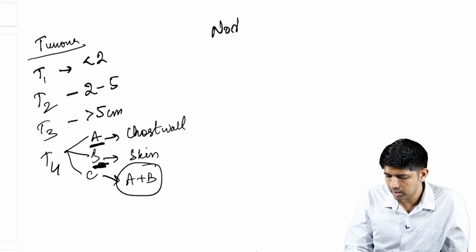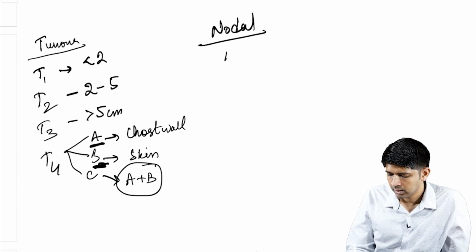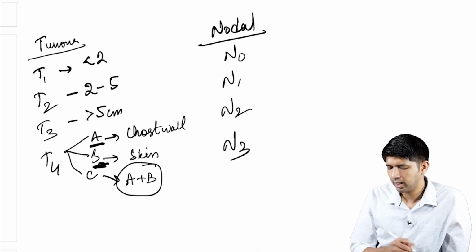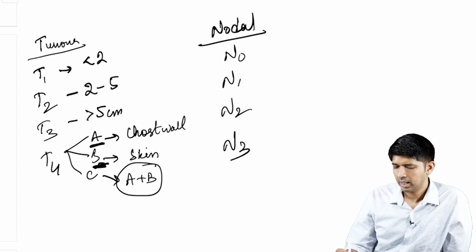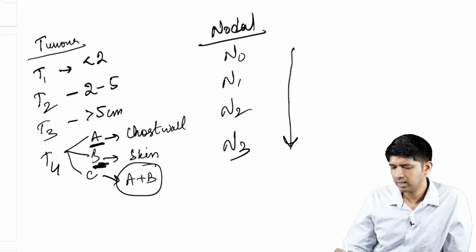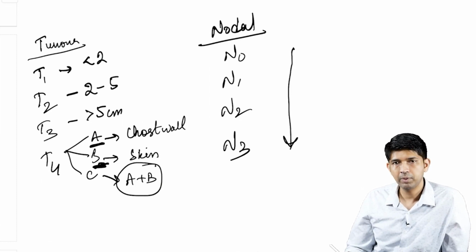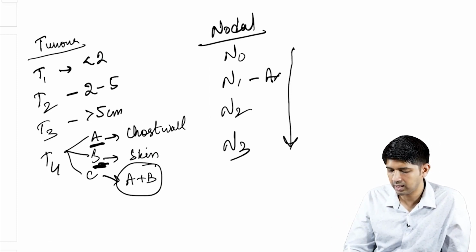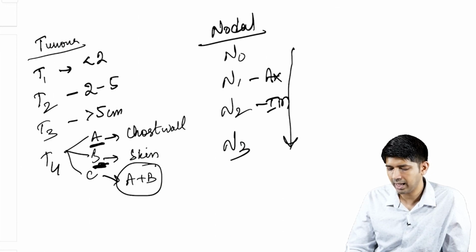Then we have the nodal staging. You have N0, N1, N2, N3. I will not go into the depths. Basically it means that as the staging goes higher up, the level of lymph nodes involved also will be higher up. For example, here it will only be axillary, here it will be axillary or internal, like fixed axillary or internal mammary.